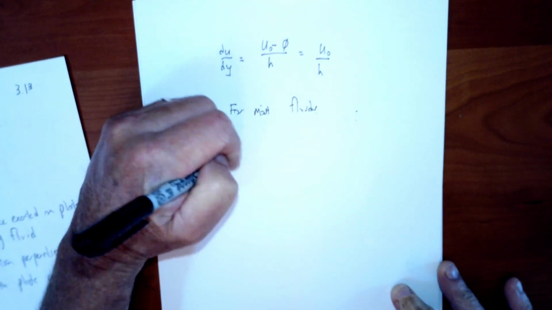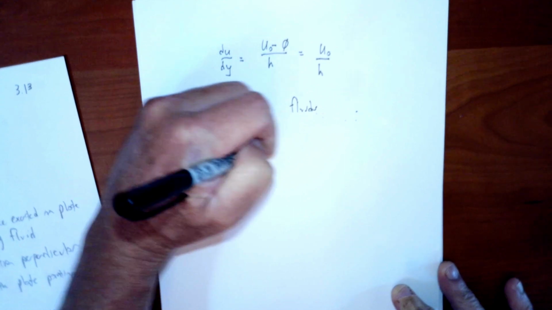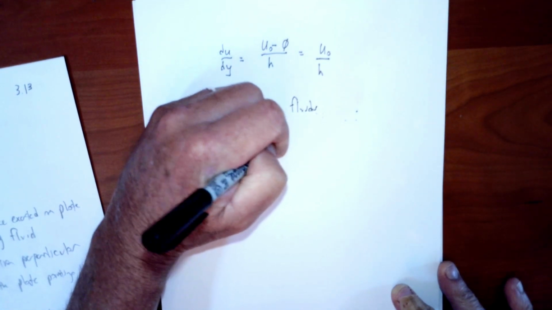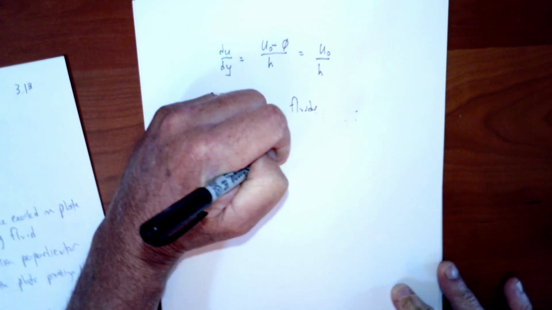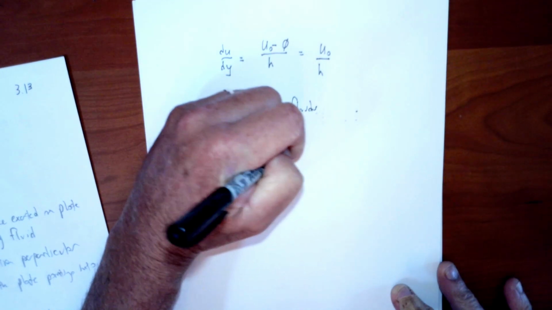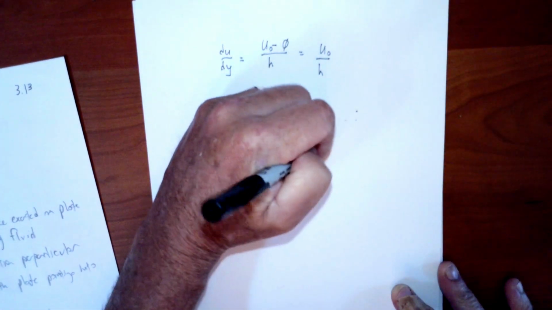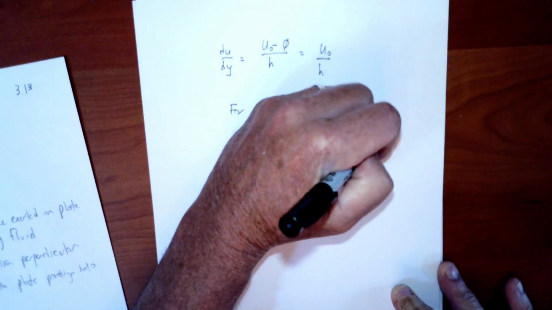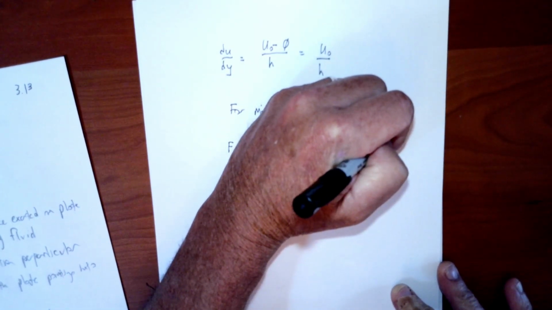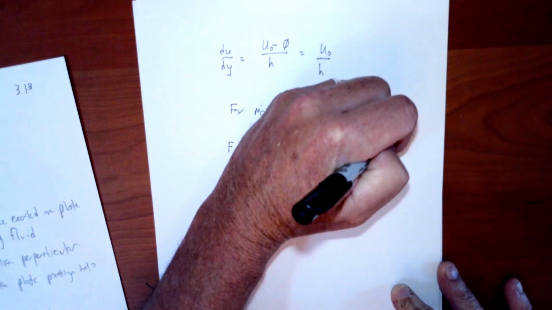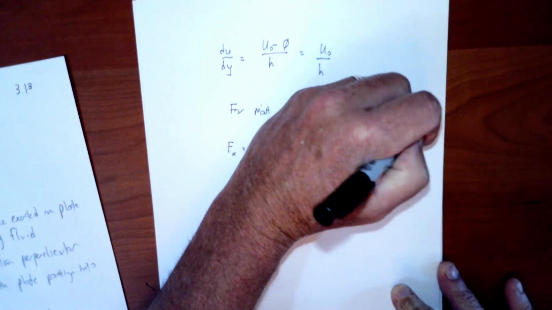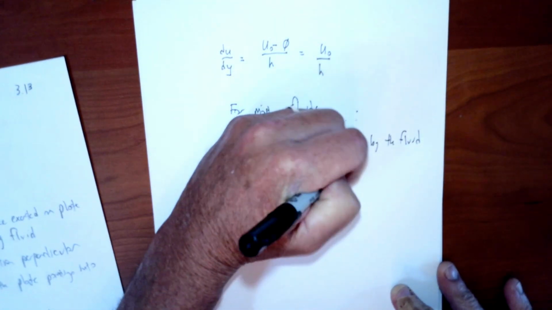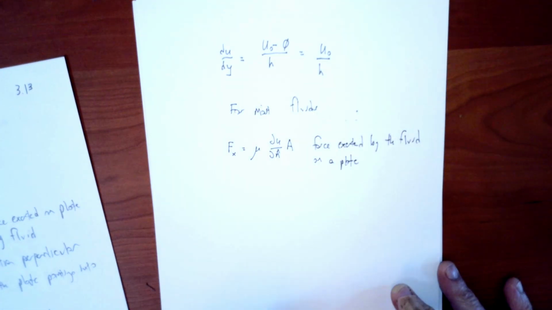F of x is equal to mu du dn times A. So this is the force exerted by the fluid on a plate, or on any surface really.